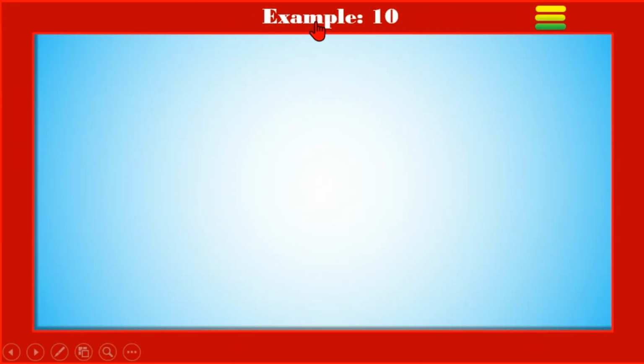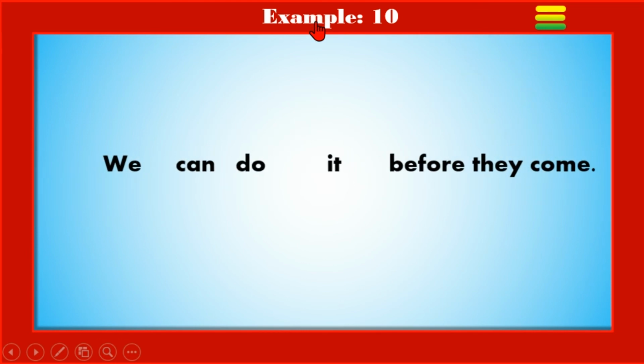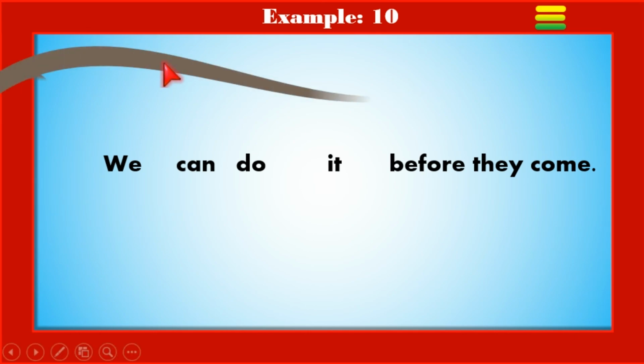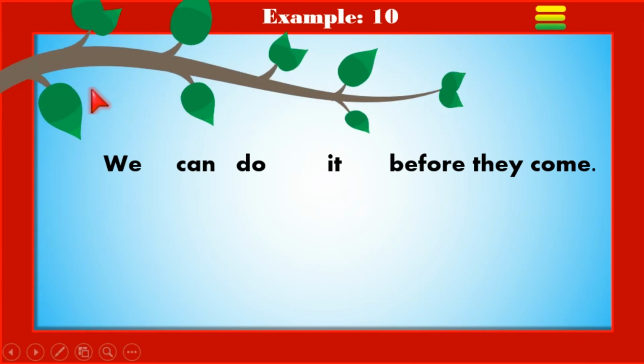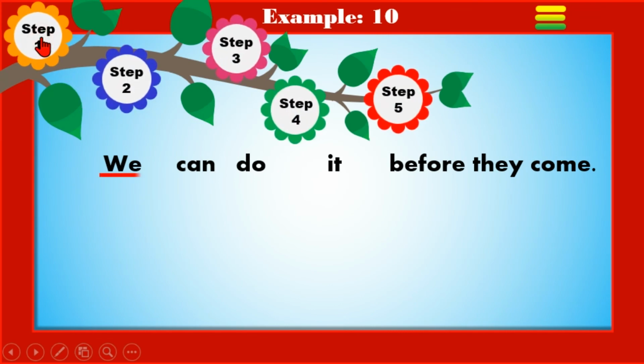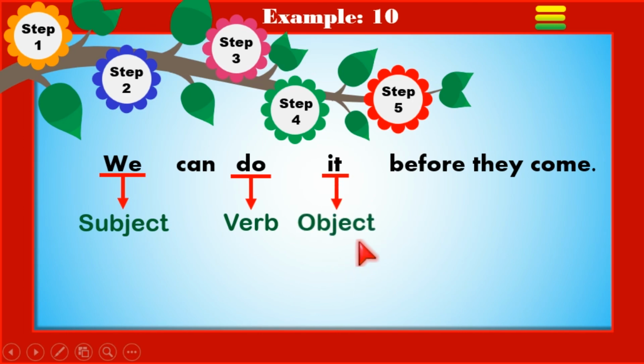Okay, the last example. We can do it before they come. Step 1. Identify subject, verb and object, and the remaining part, before they come. Then step 2.